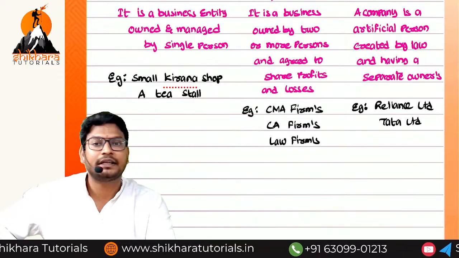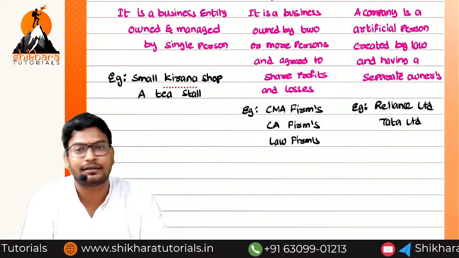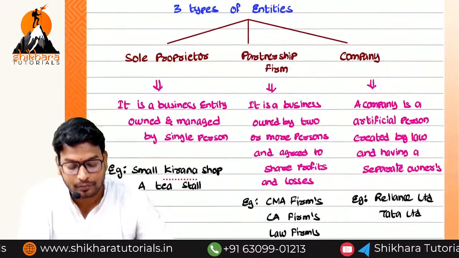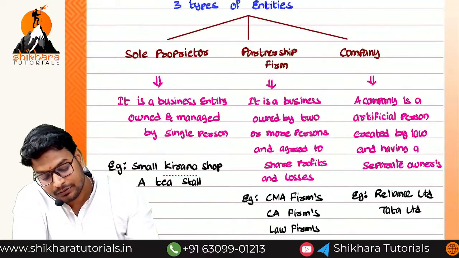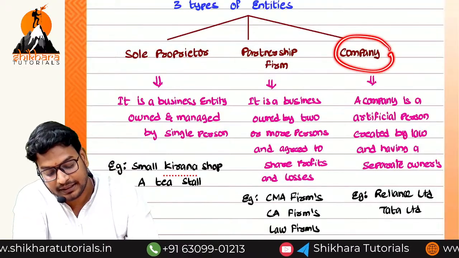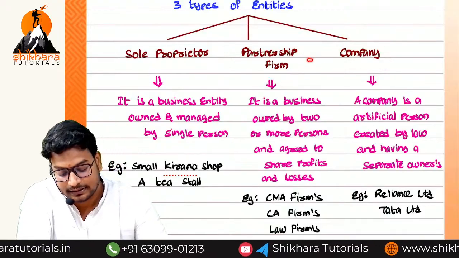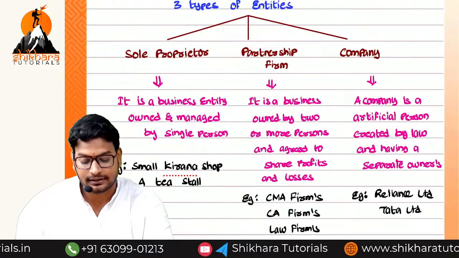Private we can call a private limited. I will explain the types of companies also in today's class. So this is the overall view of how many forms we can do business in. Now, why do people form a company rather than a partnership firm? There are features. We have to discuss them one by one in today's class.